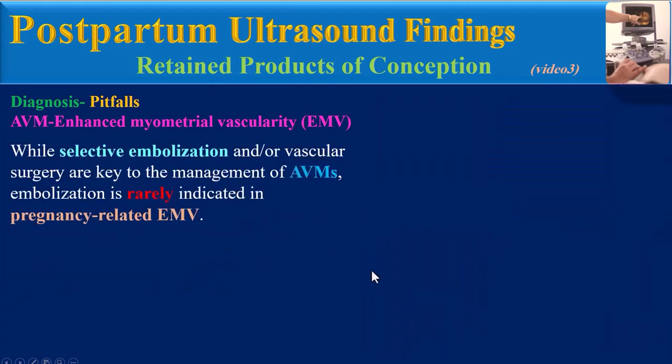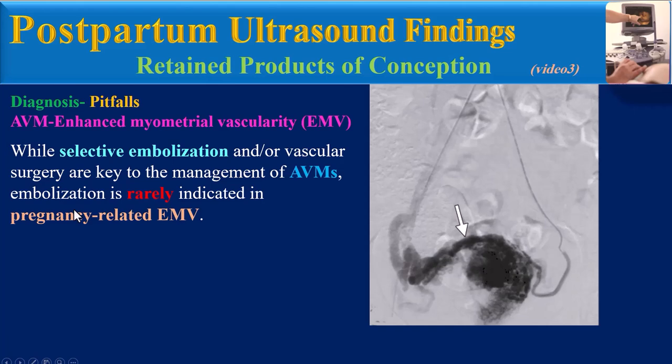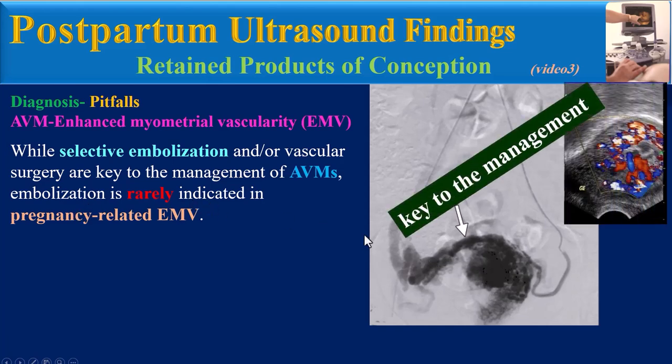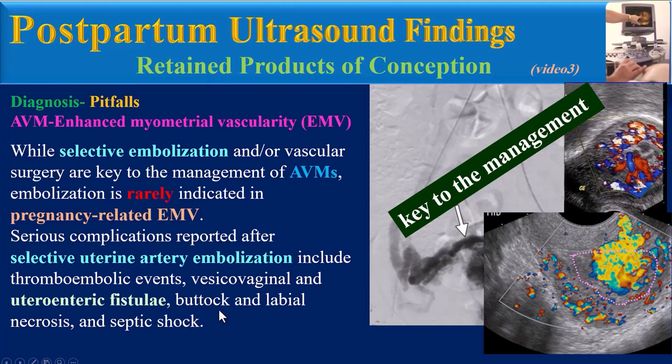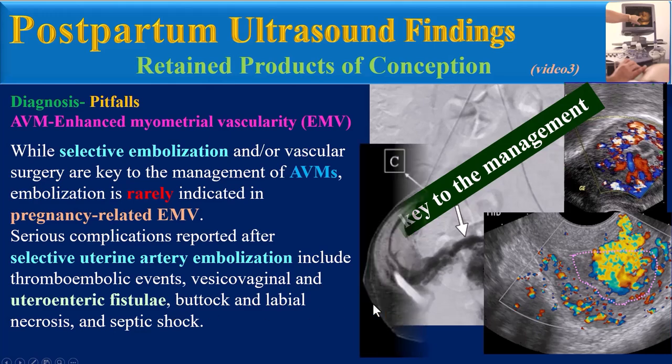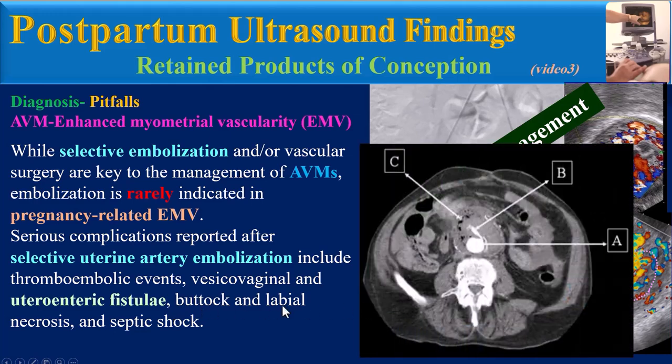While selective embolization and/or vascular surgery are the key to management of AVMs, embolization is rarely indicated in pregnancy-related EMV. Serious complications reported after selective uterine artery embolization include thromboembolic events, vesicovaginal and uteroenteric fistulae, buttock and labial necrosis, and septic shock.